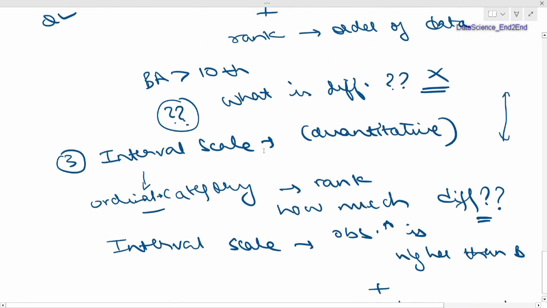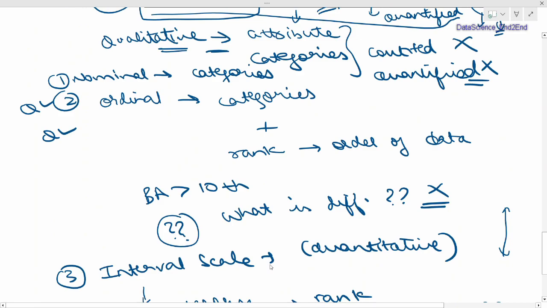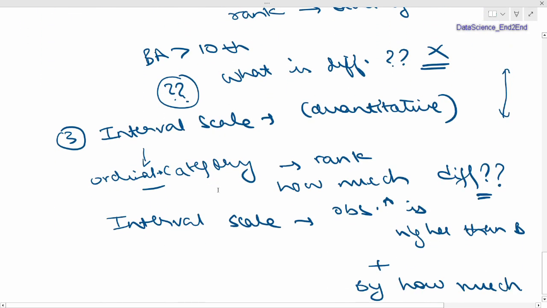Third one is the interval scale, and it solves the problem that we face in the ordinal scale. In the ordinal scale, we are saying that A is better than B, but we are not saying by how much. The interval scale will help you answer that question. It will help you sort the data on the basis of importance, and at the same time it will also tell you how much A is better than B. This scale is applicable to quantitative variables.